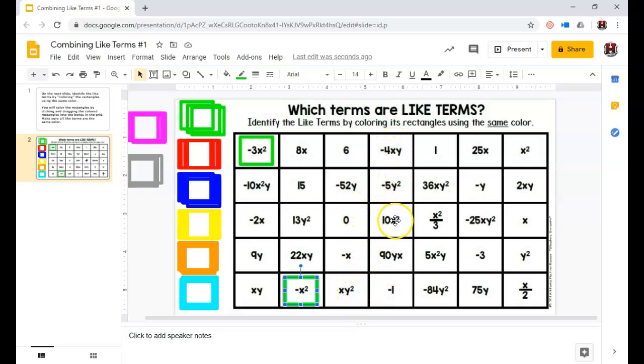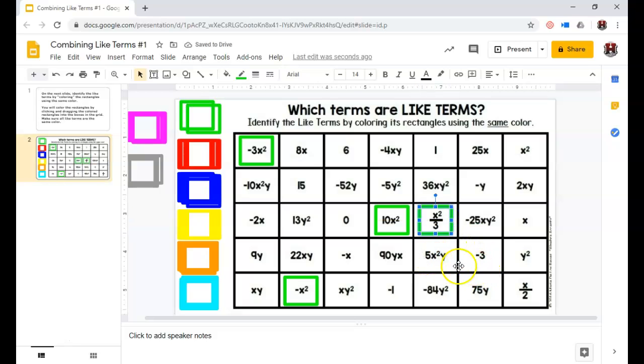In this next column, right here, I see 10x squared. He has a coefficient of 10. His last name is x squared, so I'll grab me another green rectangle. Next column, x squared over 3. That, by the way, would be the same thing as 1/3 x squared, but he has the right last name.